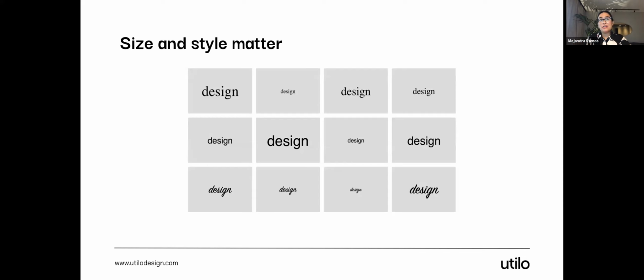So size and style matter. Here we have some serif and sans serif, and again, blurring them gives you a good idea of which one is more readable. Is it the small one, the calligraphic? I think it also depends on the weight of your typography, the kerning, the leading, but for seniors specifically, the bigger the better.